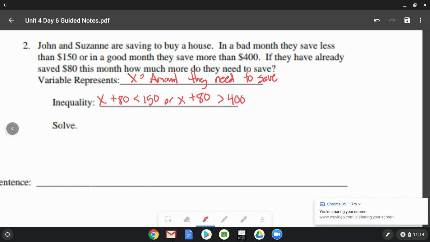So now, if we were to solve, we would subtract 80 from both sides. And we get X is less than 70, or X is greater than 320.